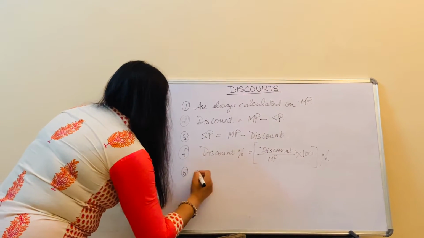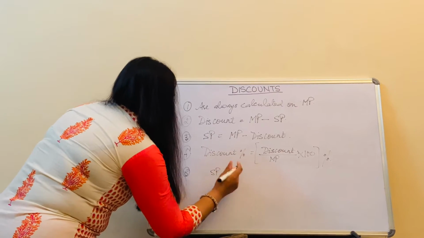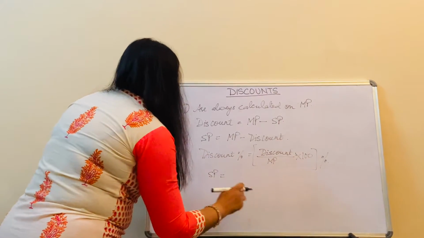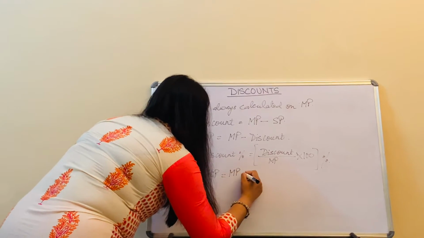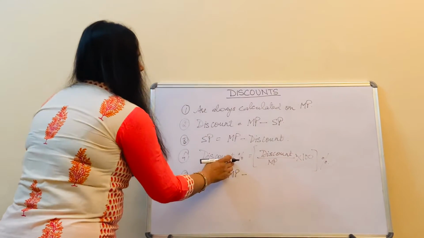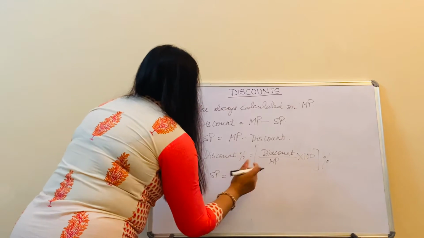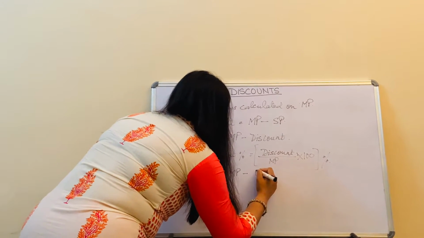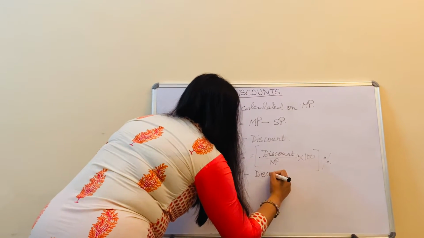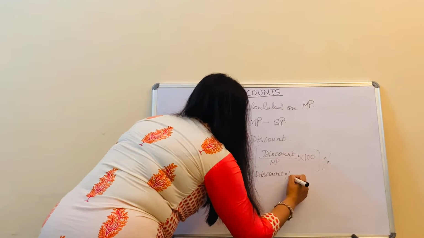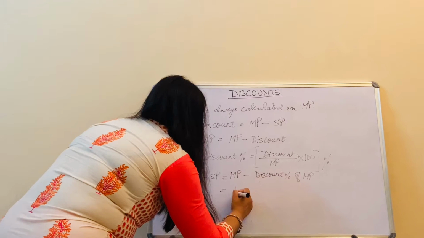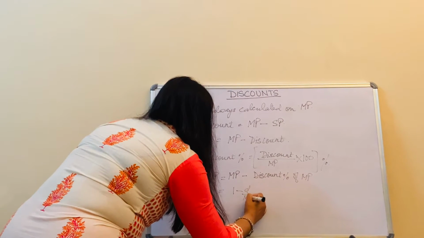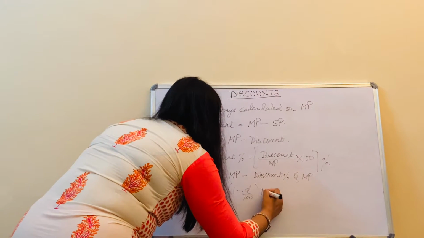The fifth one is to calculate the selling price in terms of discount. If we are given only the discount in percentage, then selling price is marked price minus discount percent of marked price, which comes out to be 1 minus D upon 100 into marked price.